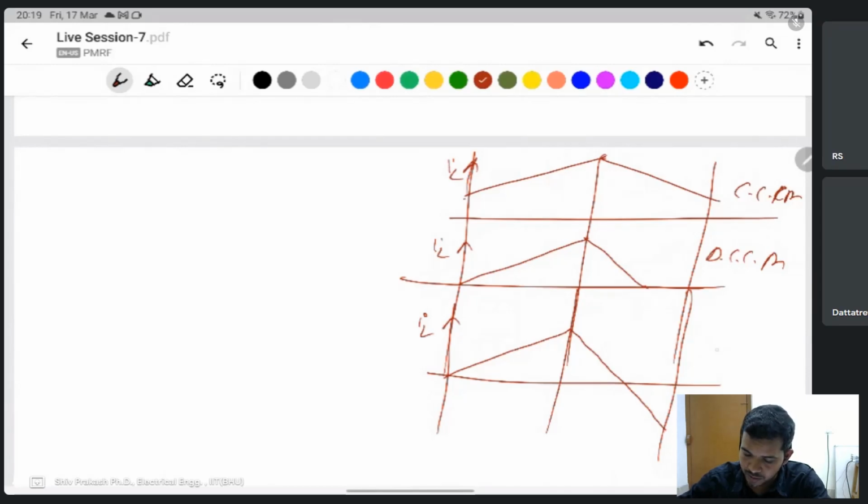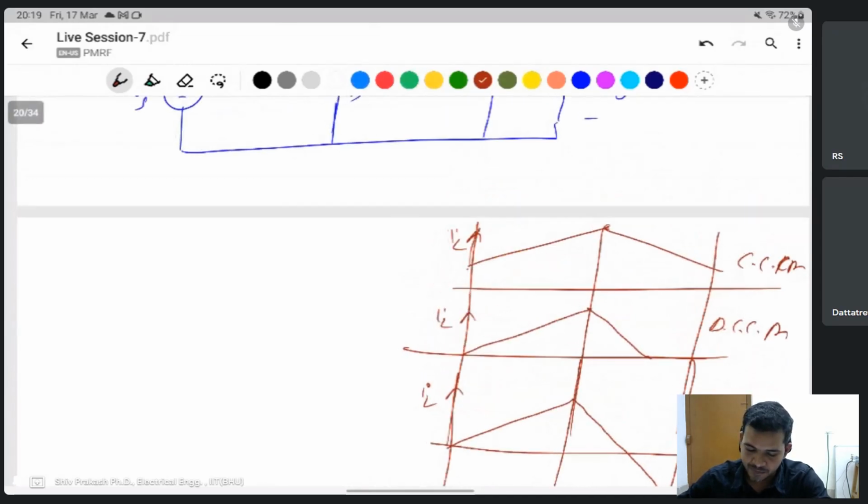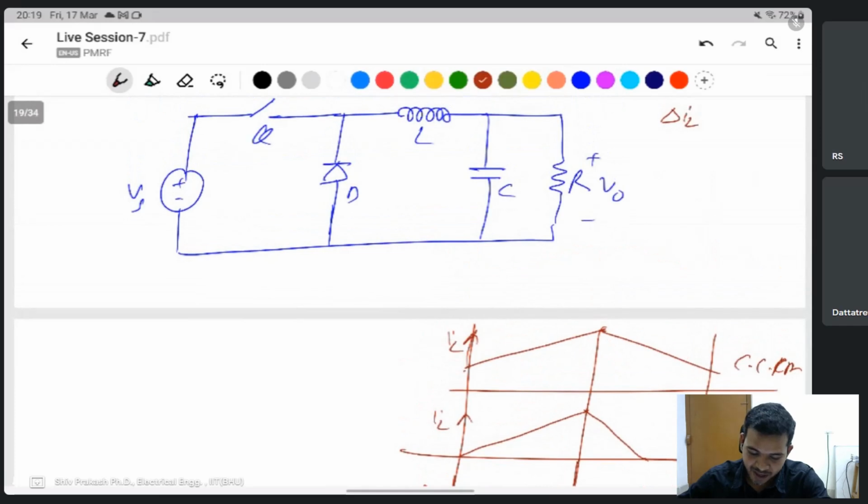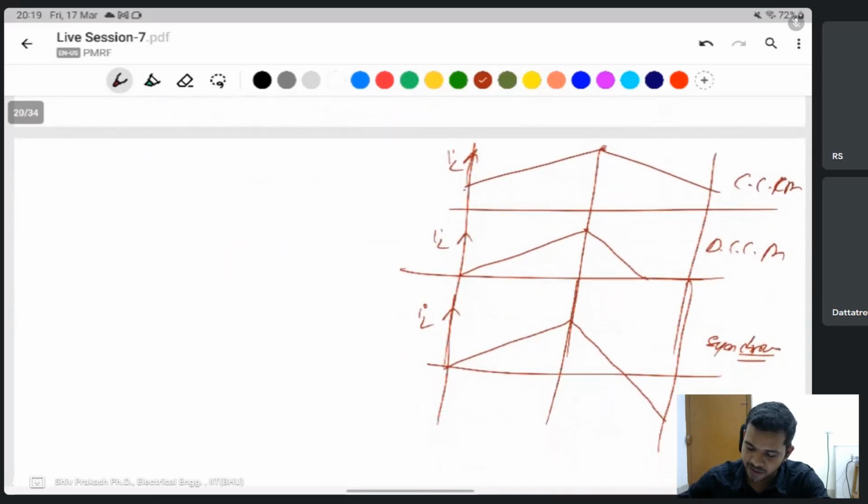Synchronous buck converter. Instead of a diode, a switch will be there. Instead of a diode, you replace it by switches. If we replace it by a switch, then current flows bidirectionally through the switch, and that is happening here.